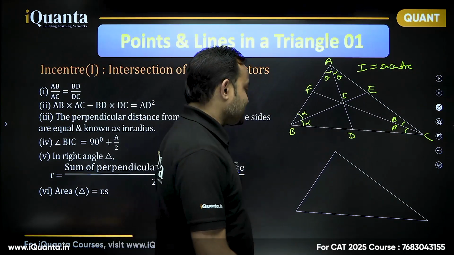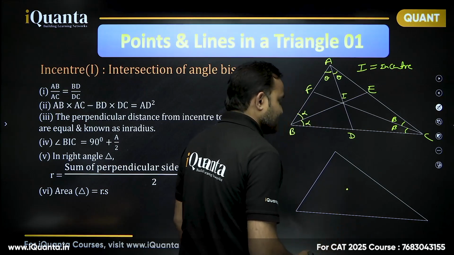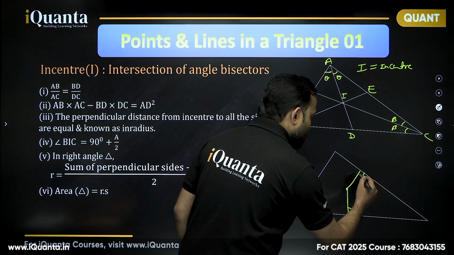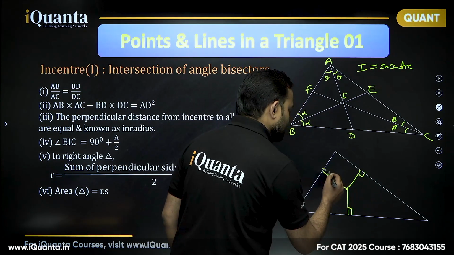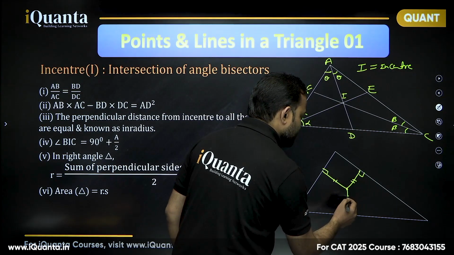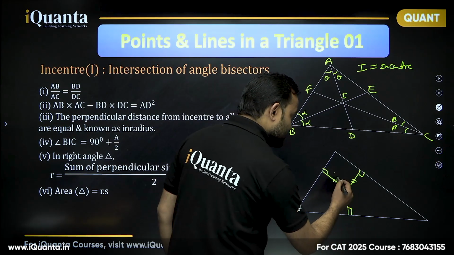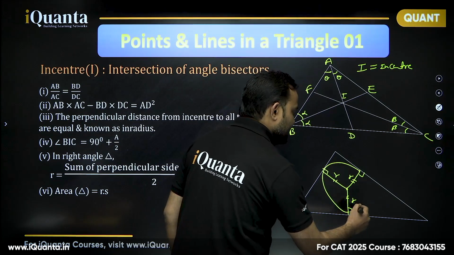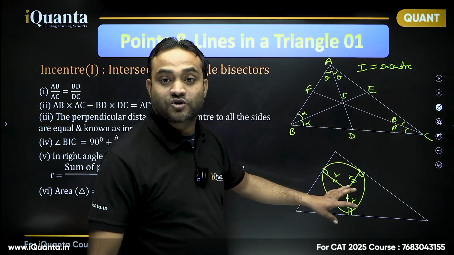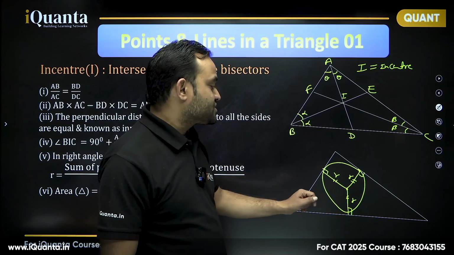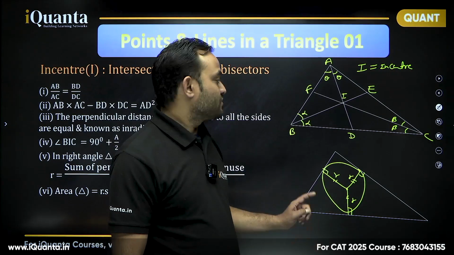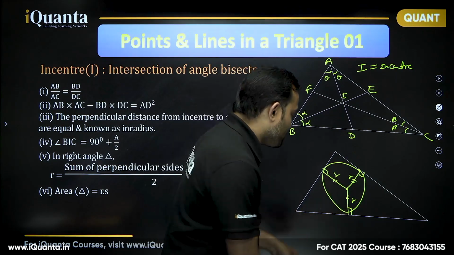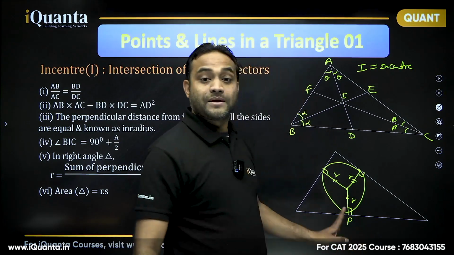Now using this incentre, if we draw perpendicular lines to all the three sides, then all of them will be of equal length, and this is nothing but the inradius of this triangle. R is nothing but inradius of this triangle, from where we can draw a circle which touches all the three sides. Now remember, it's not necessary that this point D and this point, let's say P, is same.